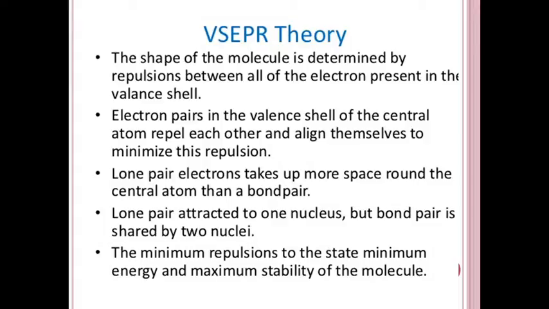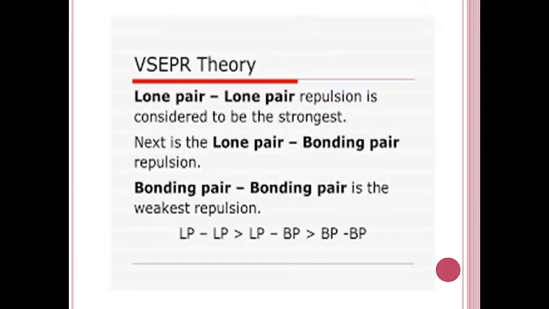If there are two bonds and there is no repulsion, then the molecule will be linear in shape. And if you have two bonds and a lone pair on it, the repulsion takes place. Got it? So only the lone pair and bond pair are going to determine the shape of the molecule, based on the repulsion.